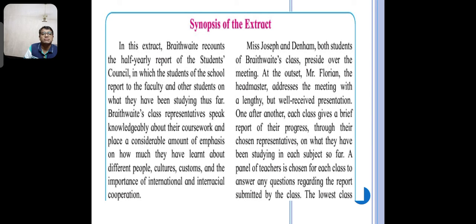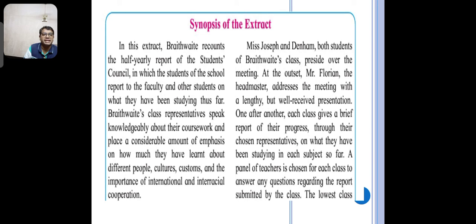Basically, class representatives speak about their coursework, how they learned different cultures, languages and customs, and how they learned the importance of international and interracial cooperation. So different exercises were given to different groups of people.